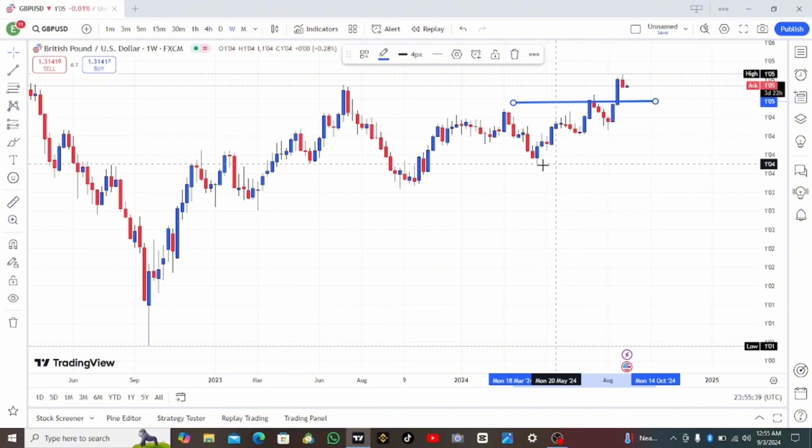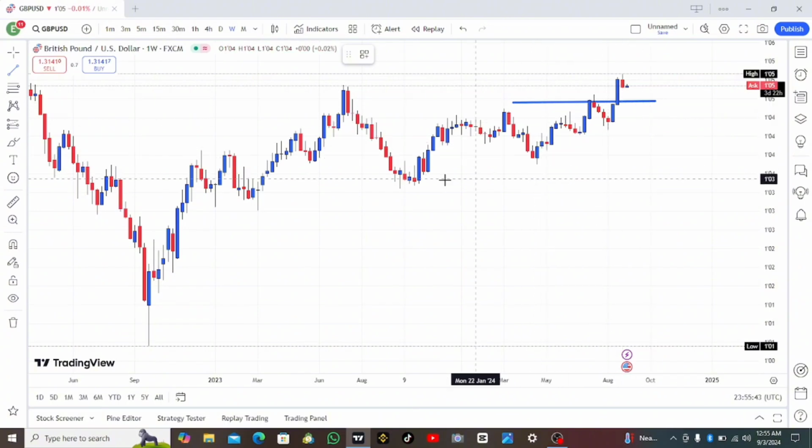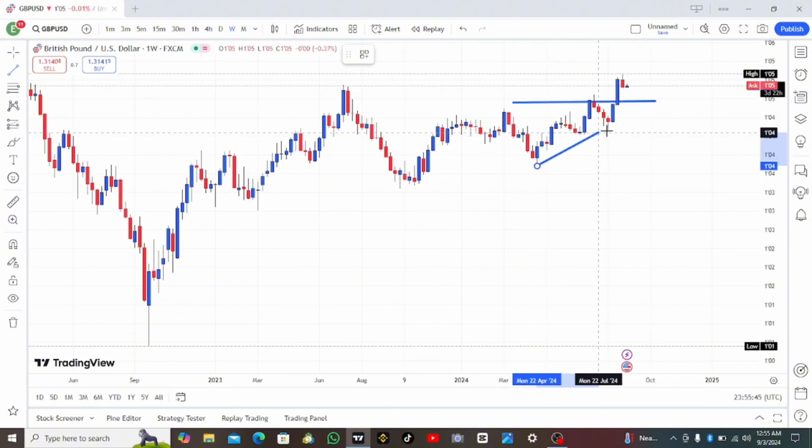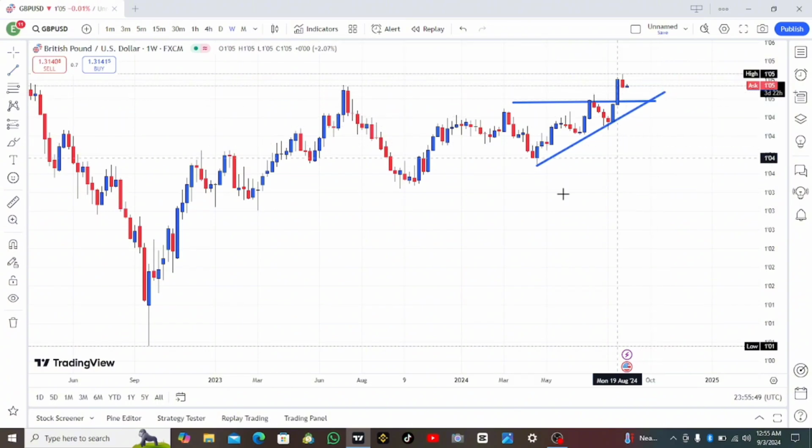Let me draw a trend line here also, for us to know where we are expecting the market to react from. This is the area we are expecting the market to drop to before we see another reaction, maybe a break to the downside or a break up.